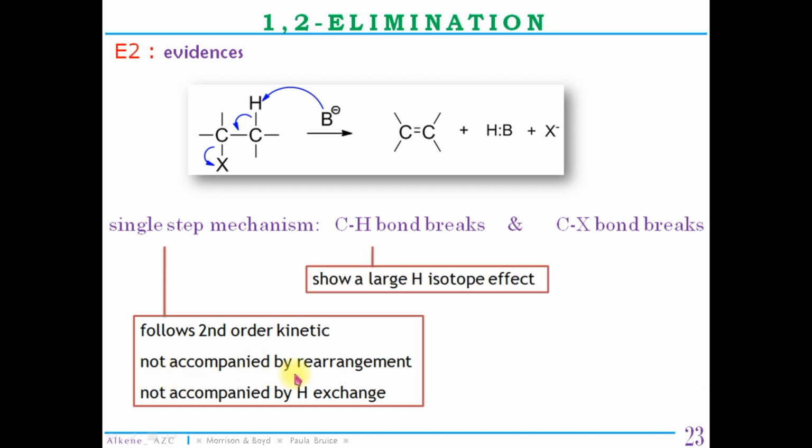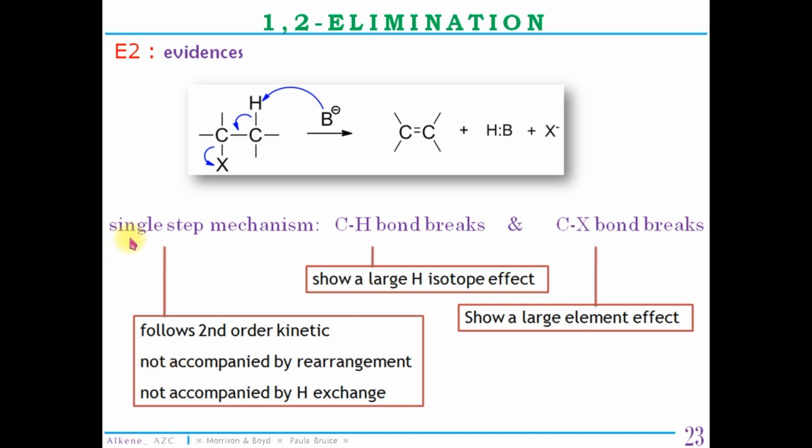It is not accompanied by rearrangement, not accompanied by hydrogen exchange, which proves it is a single step mechanism. For C-H bond breaking, E2 shows a large hydrogen isotope effect. Another evidence is that it shows a large element effect. These evidences we will see in the next slide.